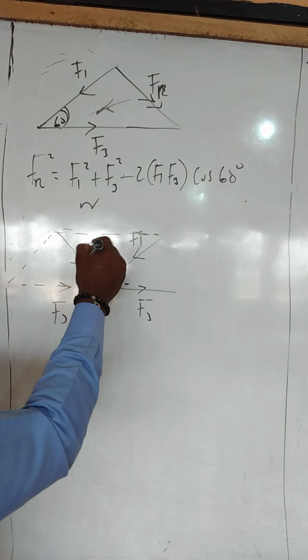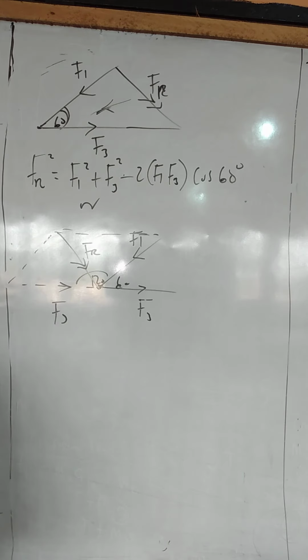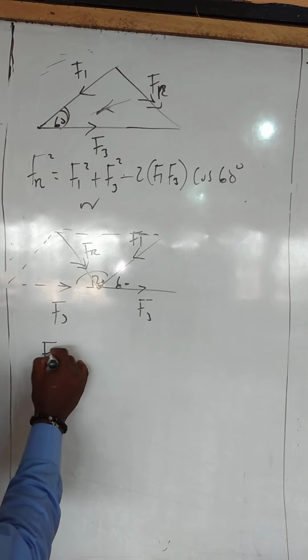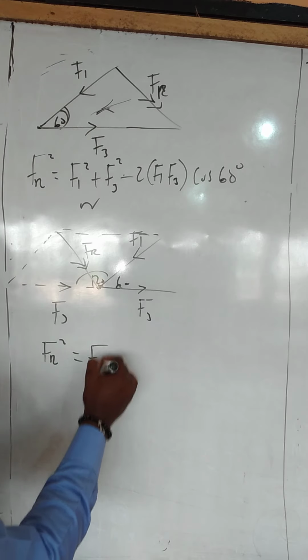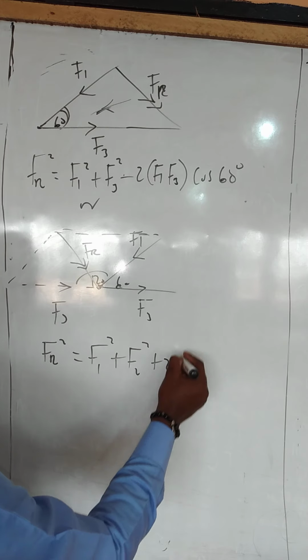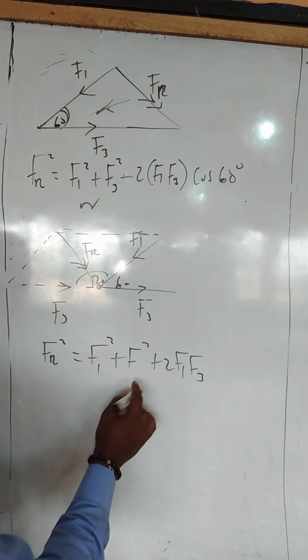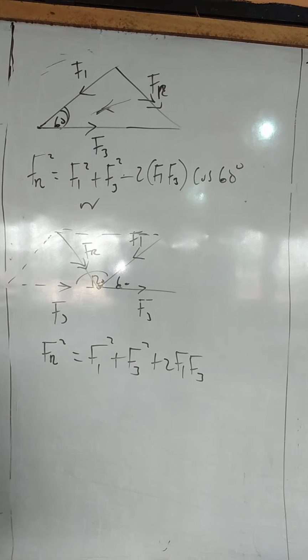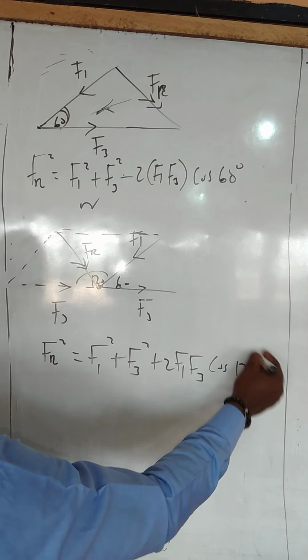So this becomes F of R. From here, F of R squared is equal to F1 squared plus F3 squared plus 2 F1 F3 cos of the angle that is here, which is 120 degrees.